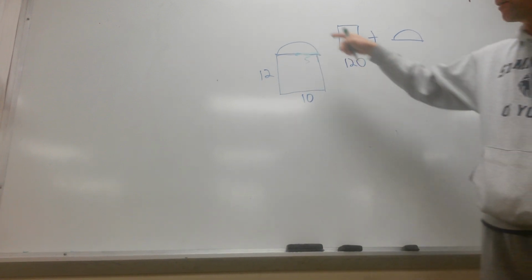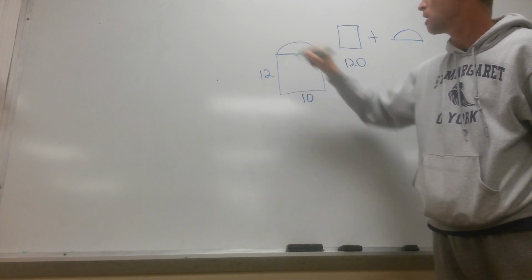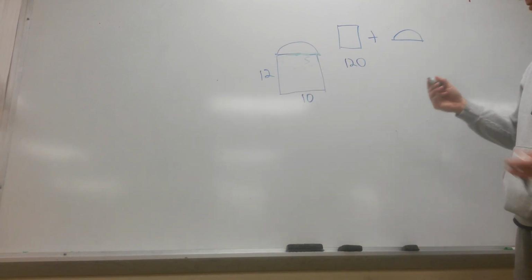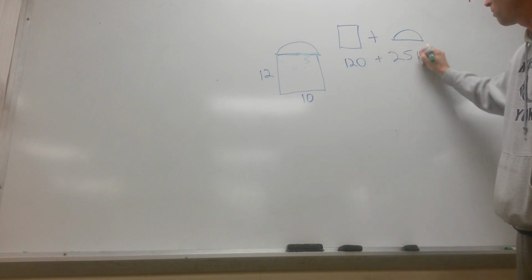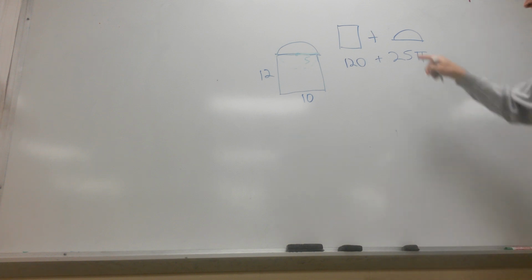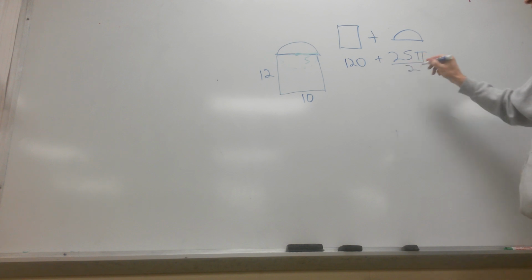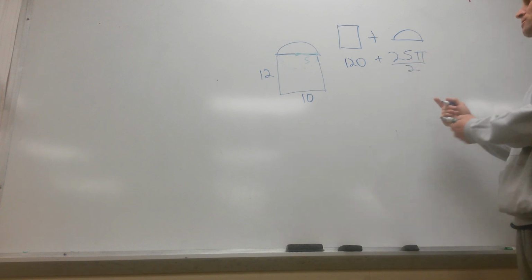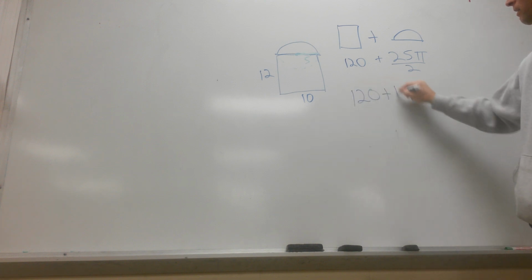And so the area of a whole circle would be 25 pi, right? But oops, I forgot something. This is not a whole circle, is it? It's a half circle, so I'm just going to divide it in half. 25 pi over 2, right? Which is 12.5 pi. And we can leave our answer like that.